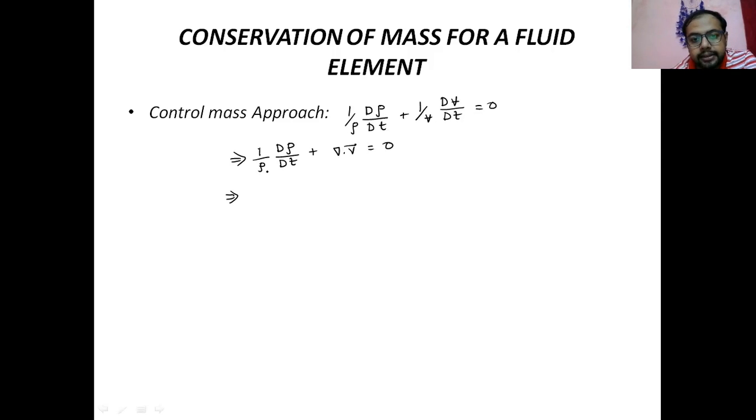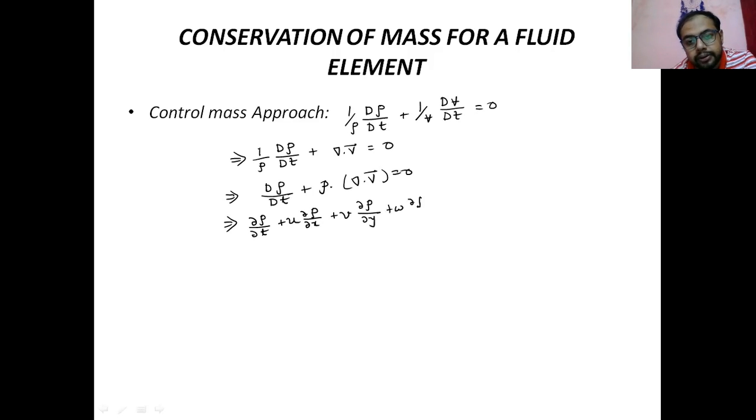If you take the rho on this side, rho into divergence of V. So if you split this up, you have already seen del rho by del t plus u del rho by del x plus v del rho by del y plus w del rho by del z plus rho into (du dx plus dv dy plus dw dz).